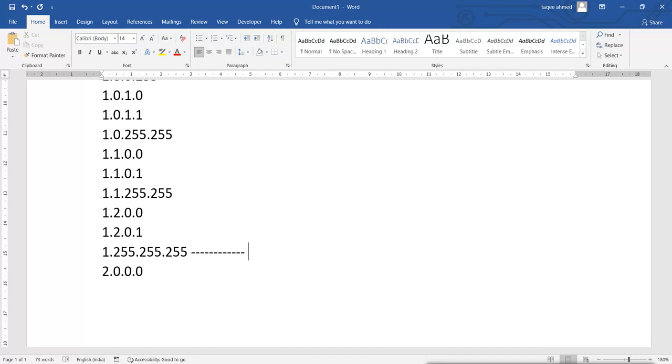and this is the last IP of the network where all bits of host ID are 1. That means on.